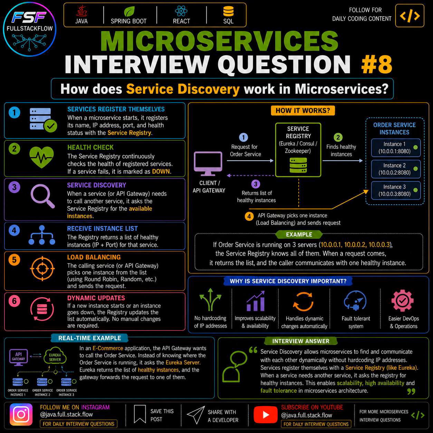The gateway selects one instance and forwards the request. If tomorrow two more order service instances are added because traffic increases, Eureka automatically registers them. The API gateway doesn't need any code changes. That's the big advantage of service discovery.